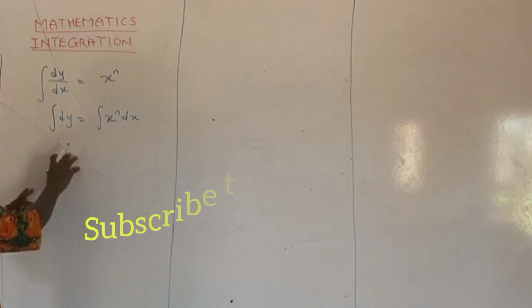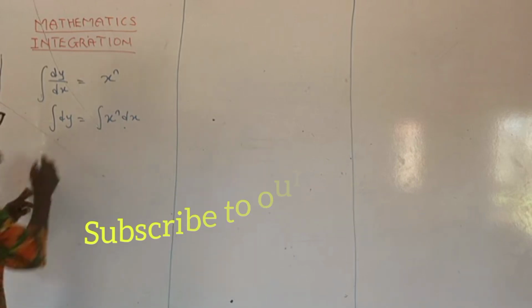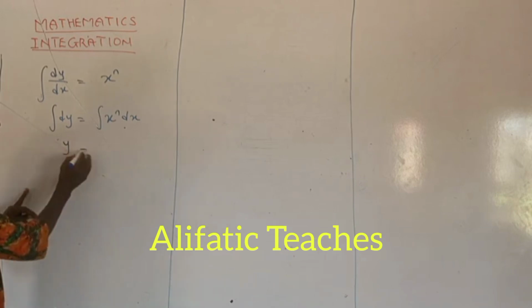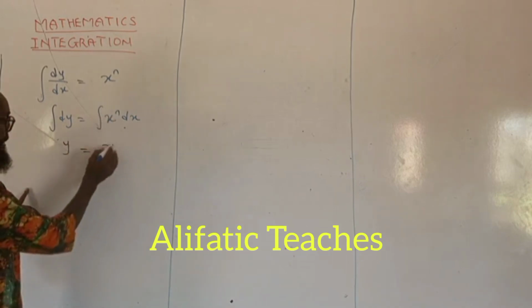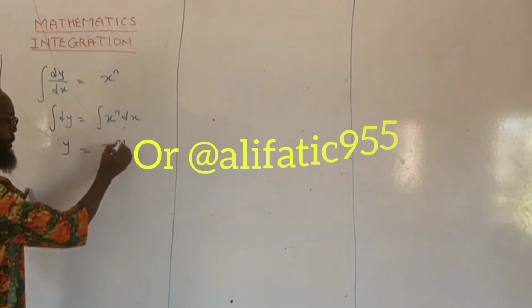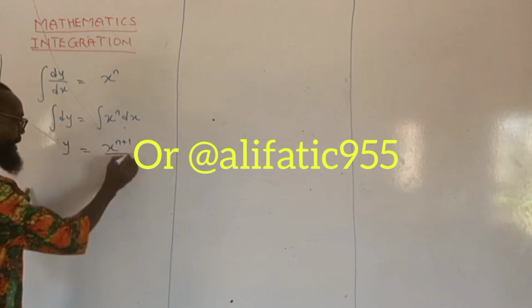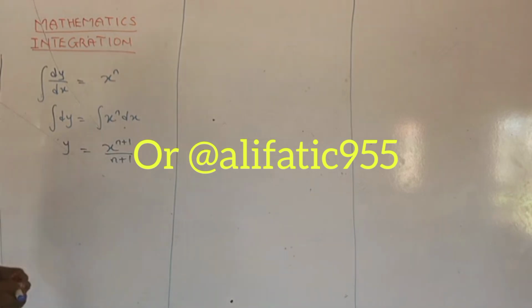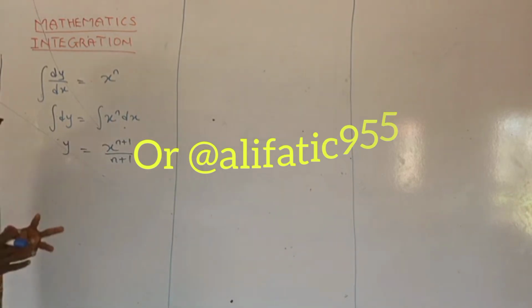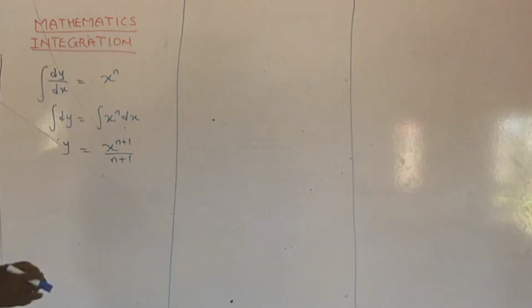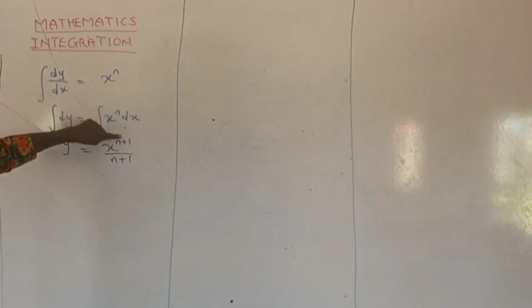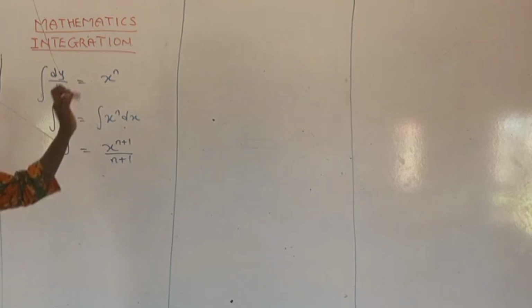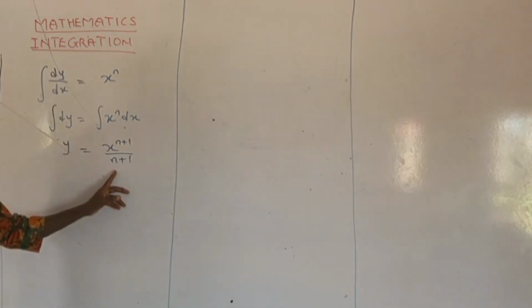When you integrate dy, we're going to have y. And that y will now equal the integration of this, which gives us x raised to power n plus 1, then you divide this by the new power, which is n plus 1. Which means that the general formula for integration is addition of 1 to the power, then dividing by the value you got in that power, that is n plus 1.